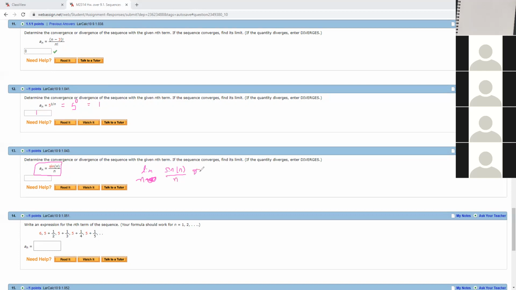So what happens when we put infinity in the denominator is just an n, so that's infinity. And it would be nice if this was an infinity over infinity, because that would be a friendly indeterminate if we can get infinity or negative infinity.